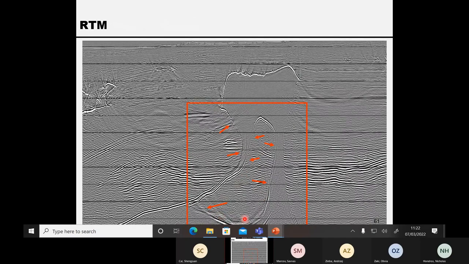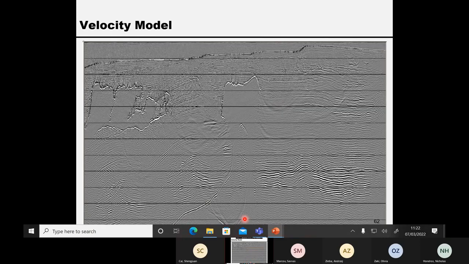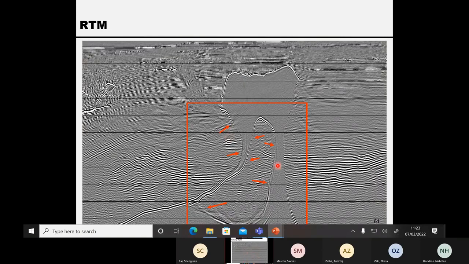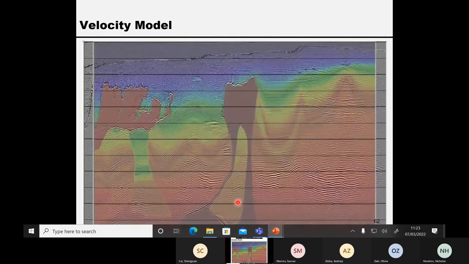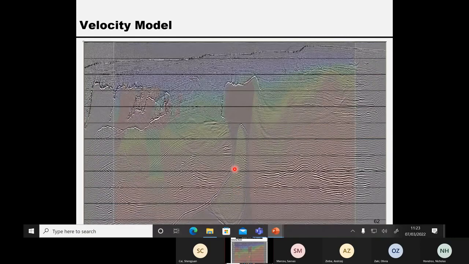Typically, in modern days, you have powerful computer facilities, so you can do this now. Let's see the velocity model. This is my ground result, that was only a portion, right? But I know the whole profile. If we compare this to the true velocity model, you can see they are actually close.